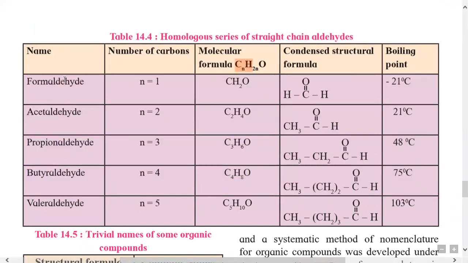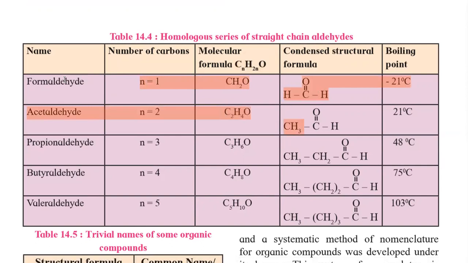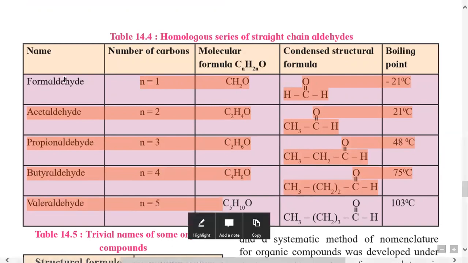In this general formula CnH2nO, n is the number of carbon atoms. In formaldehyde, n is 1. In acetaldehyde, carbon number is 2. Propionaldehyde, 3 carbon. Butyraldehyde, 4 carbon. And valeraldehyde, 5 carbon.